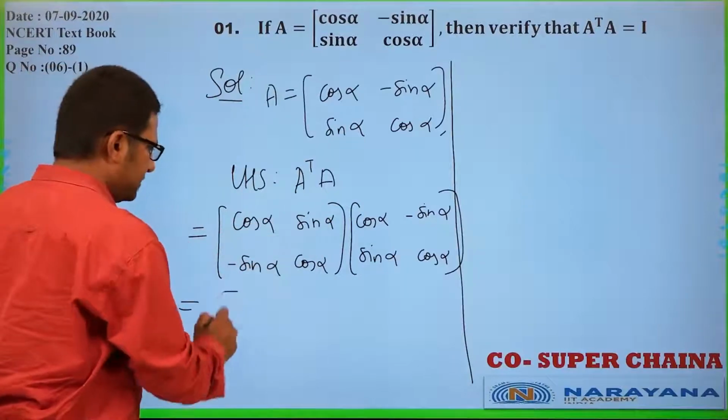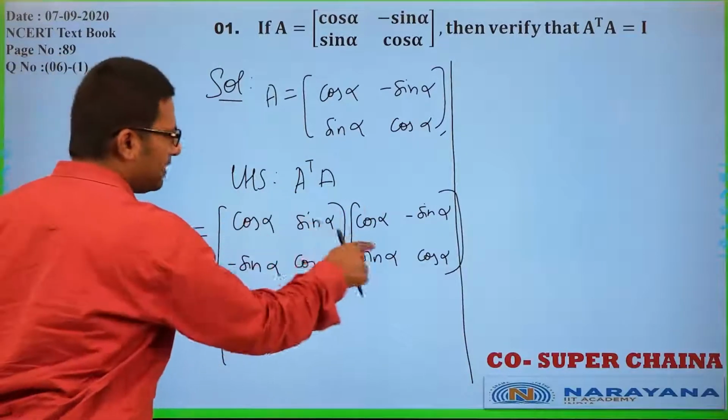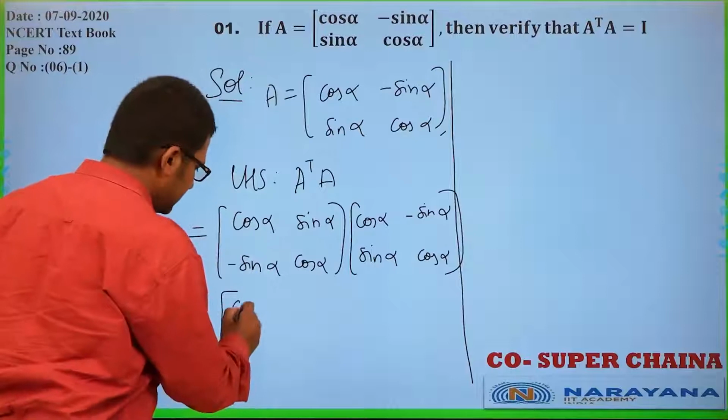Now do the multiplication. So cos square alpha plus sin square alpha, correct?